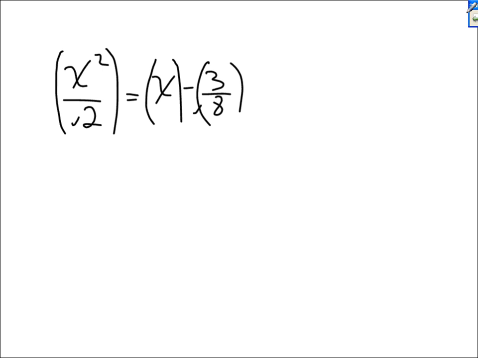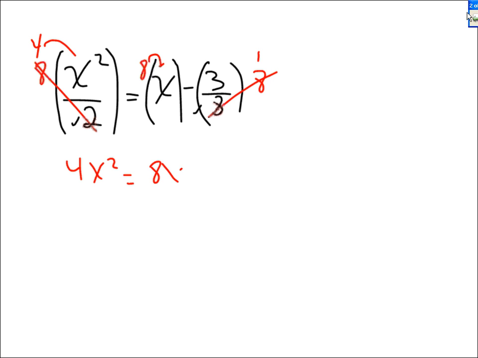If you multiply by 8, two things will happen. One, the denominators will all go into them, and the second thing is it's the smallest number that 2 and 8 go into. So you'll have 4x squared is equal to 8 times x, or 8x, minus 3 times 1 is 3.